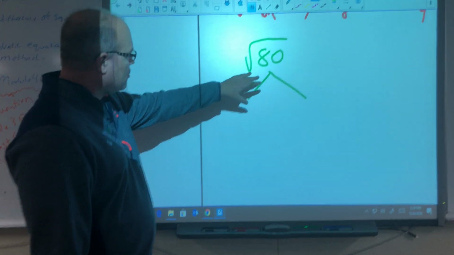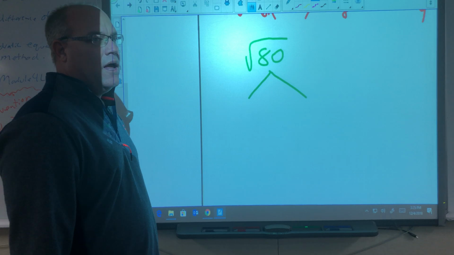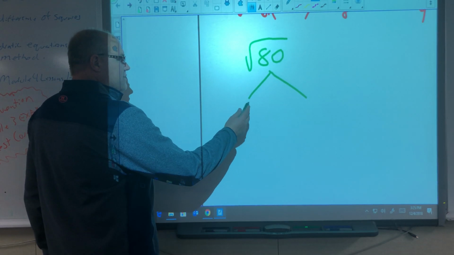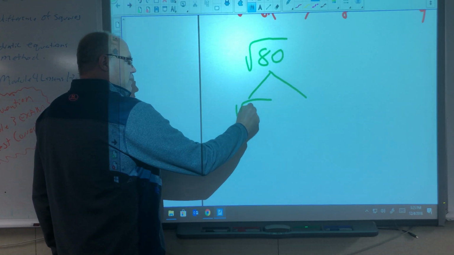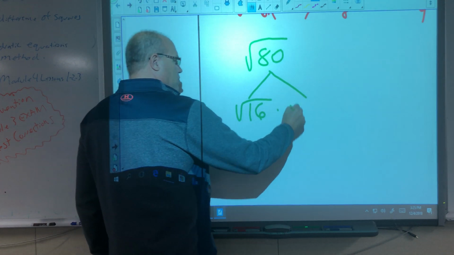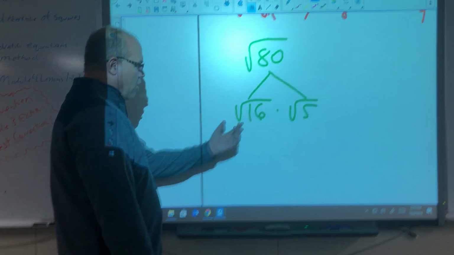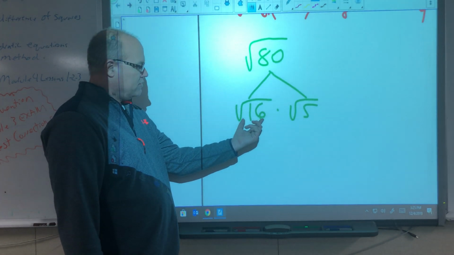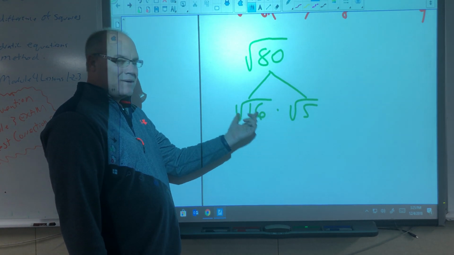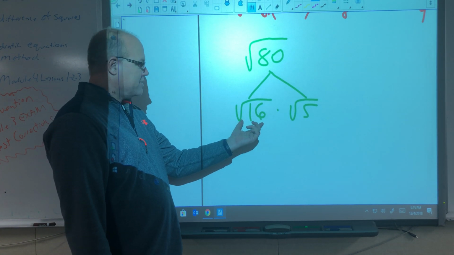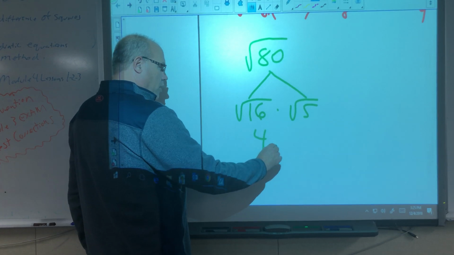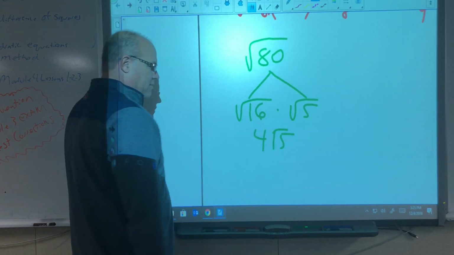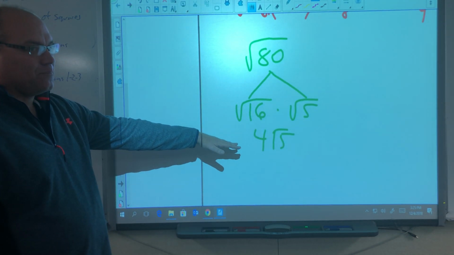So what perfect square goes into 80? Square root of 16. All right, so square root of 16 times the square root of 5. Always do your perfect square first. Okay, why do we simplify using this? Because this becomes a whole number. Square root of 16 is 4. So it's 4 square roots of 5. And we're done. That's simplified.